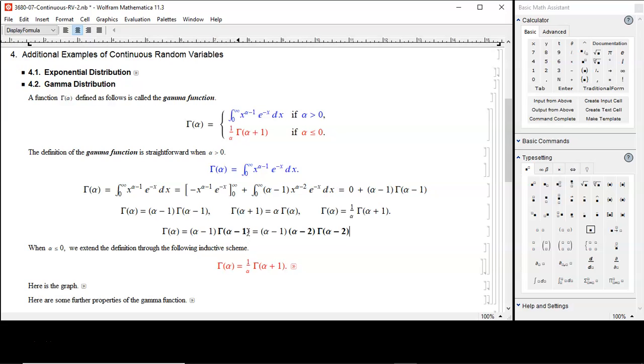So use the same idea. Gamma of alpha minus 1 is alpha minus 2 times gamma of alpha minus 2. And then I can go to the next recursion, and do the same thing to this one here. Same recursion, same computation. This thing will be replaced by now alpha minus 3 times gamma of alpha minus 3.